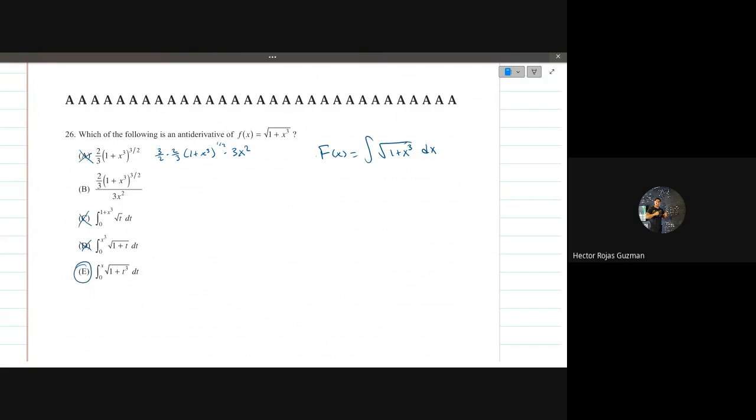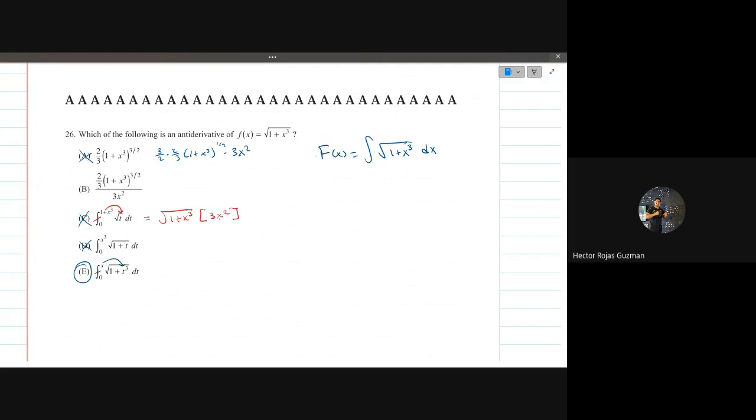E looks like it works real quick, because if you take the derivative, the integral cancels, and then the x goes in. So, oh man, I think that's the answer already. Okay, maybe I should just tell you. If I take the derivative, the integral cancels, and then this has to be plugged in. So we get the square root of 1 plus x cubed. But you have to multiply times the derivative of the limit of integration, which is 3x squared.